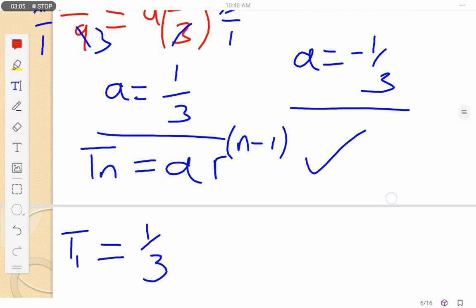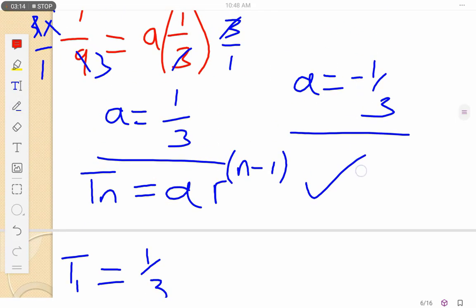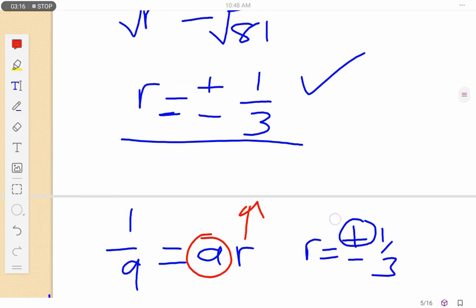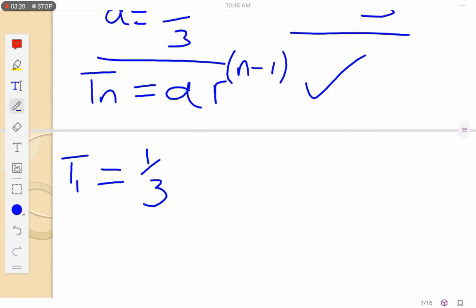Okay, our a is 1 over 3 times r. Our r for a is, our r is 1 over 3 again. So times 1 over 3 to the power of 1 minus 1 there.